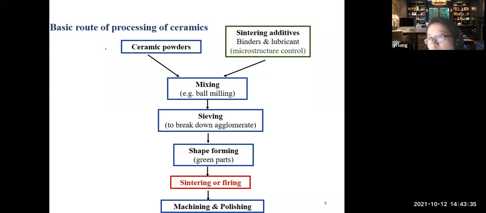This is a very basic rule for the process of ceramics. You have a flour, the ceramic powder, with sintering additives. Then you mix, like baking a cake, and sieve to break down the agglomerations and form the shape, which is green parts. This is the essence of sintering and firing. But step one is the first step you need to do in the lab.